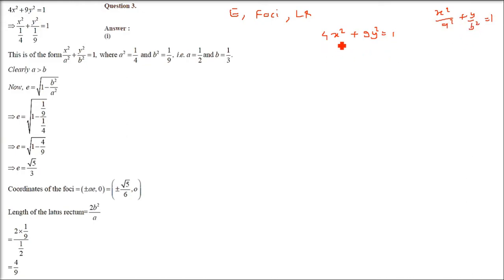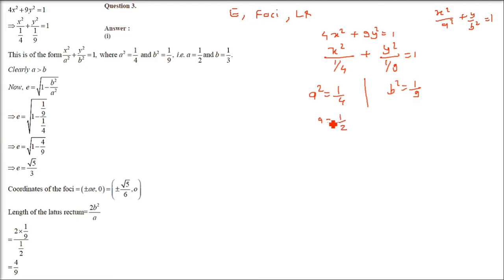Then we just divide by 4, meaning x square by 1 by 4, because it is eventually equal to 4x square. So x square divided by 1 by 4, and similarly with this 9, y square by 1 by 9 equals 1. So a square is 1 by 4, b square is 1 by 9.